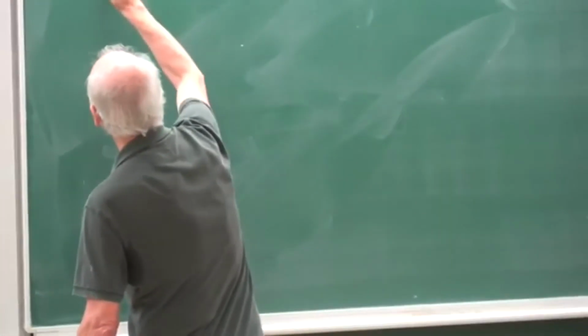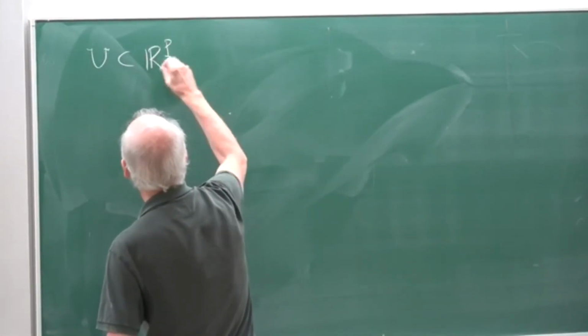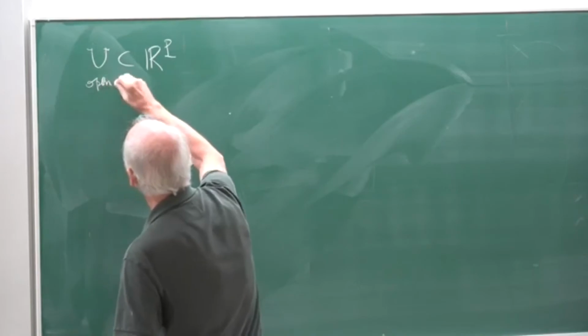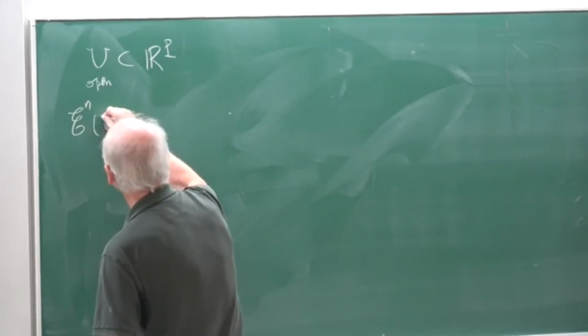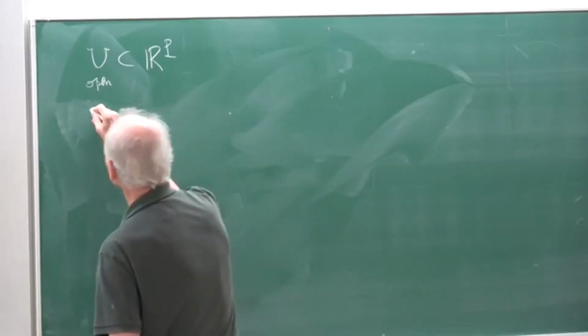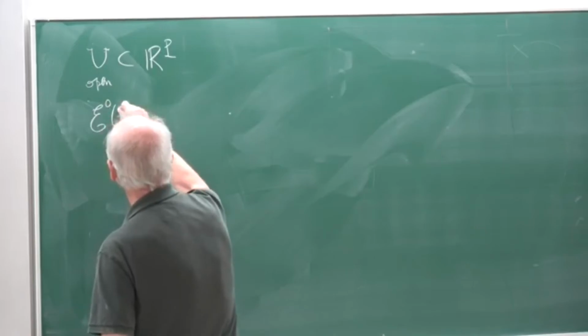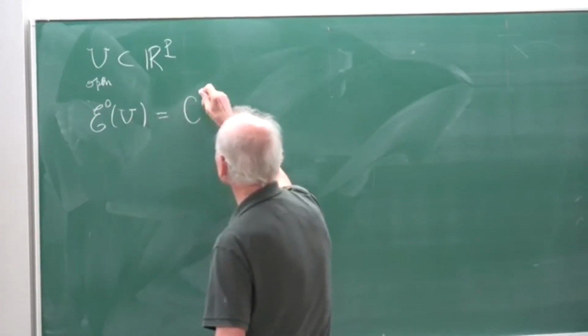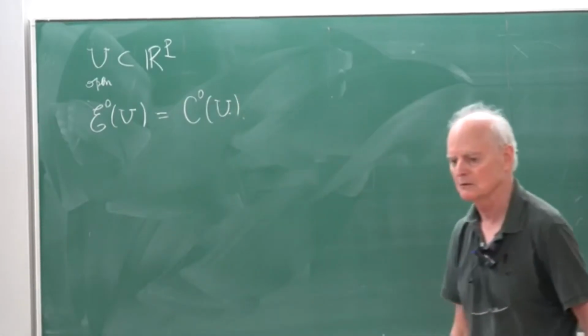So U is going to be open in RP, and first of all, E0 of U is just the space C0 of U, the continuous functions on U.